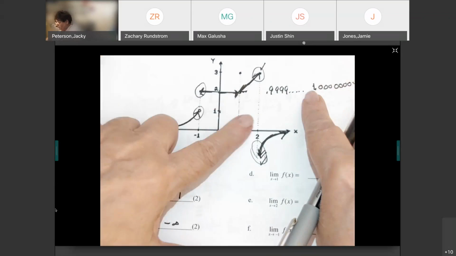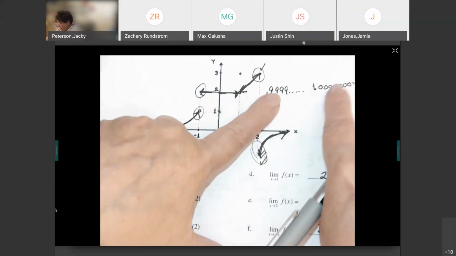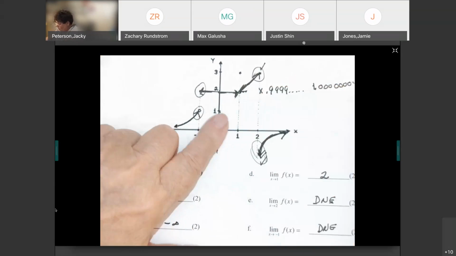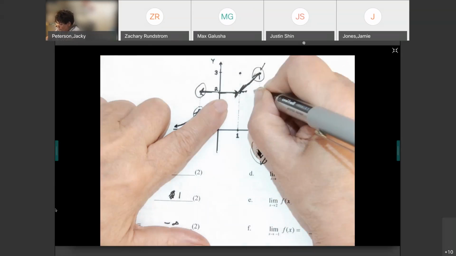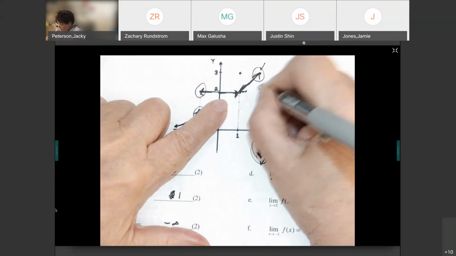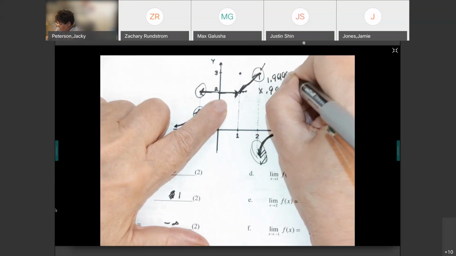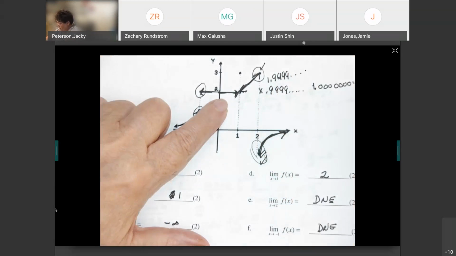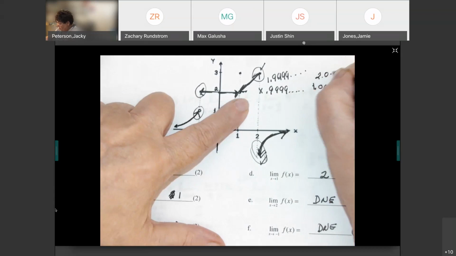So when we're getting close to 1, these would be the X values. What would the Y value be? The Y value would be coming toward 2. This would be 1.999 dot, dot, dot. On the other side, it would be 2.000000001, something like that.